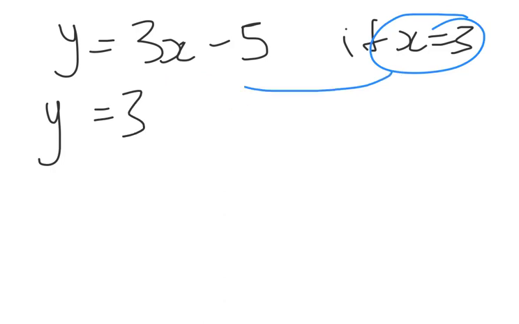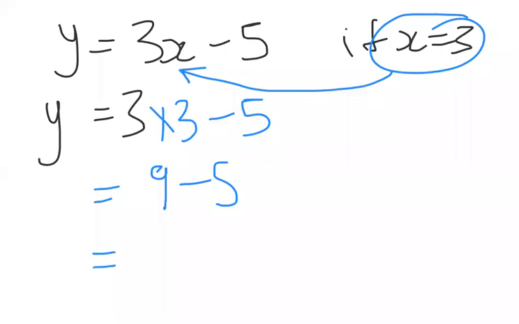Wherever you put the x, you put that 3. So it's 3 multiplied by 3 minus 5. 3 times 3 is 9 minus 5. And 9 minus 5 is 4. And I always, if I finish, I just quickly double check my answer. 3 times 3 is 9. 9 minus 5, it is 4.